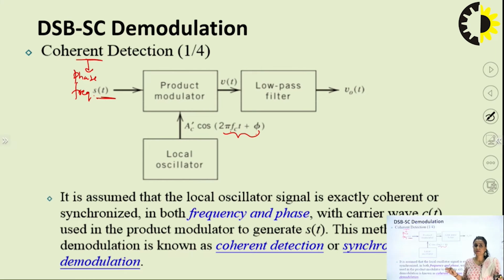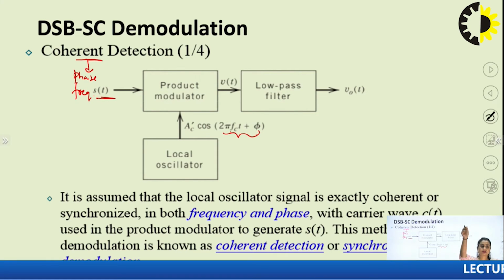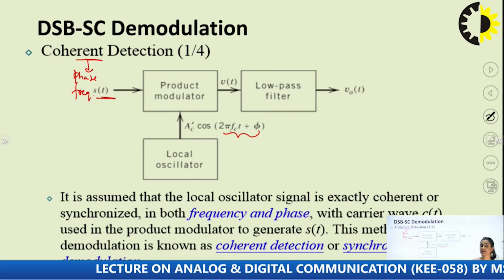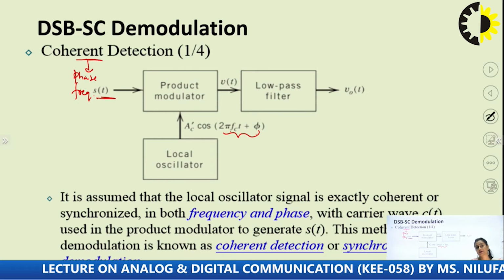Now, in an actual practical scenario, my transmitter and my receiver are geographically separated. I am making a call to one of my friends in the US. I am the transmitter here, the receiver will be in the US. So these two are geographically separated, but the receiver will have an oscillator generating a wave which looks like the carrier wave used at the transmitter.